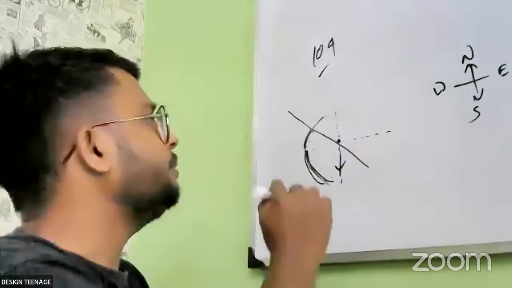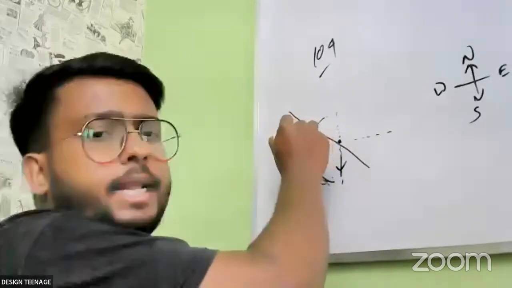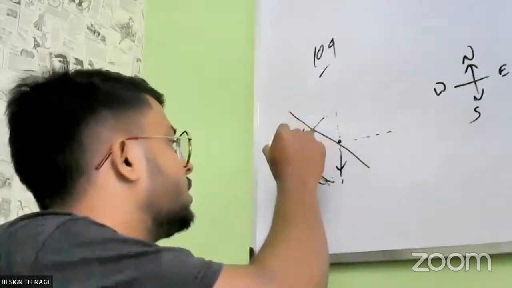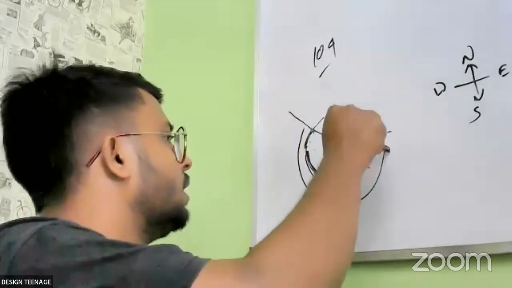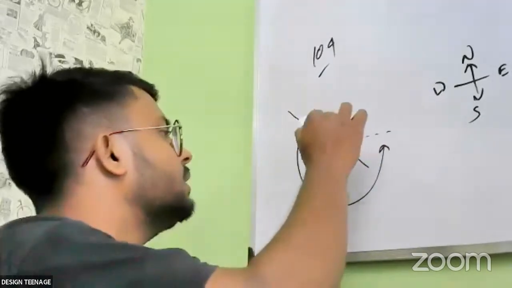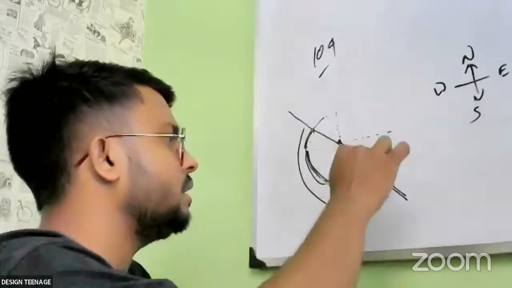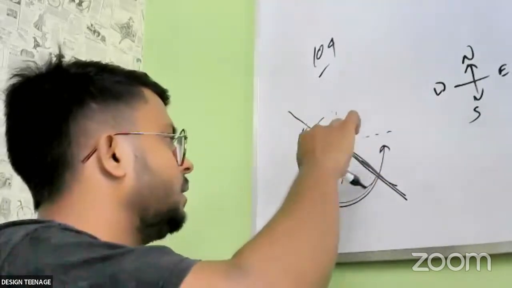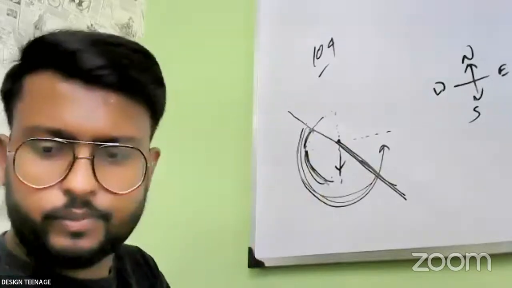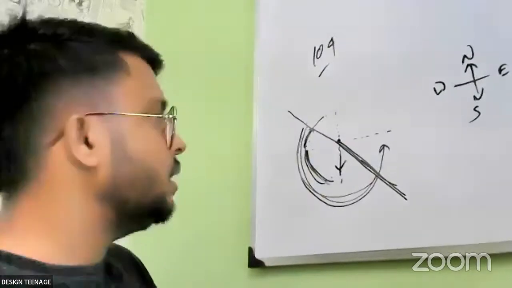Right? Now from this segment, I am turning 180 degrees in the anti-clockwise direction. So 180 degrees from this direction will make me reach where? Is this a semicircle being completed? Yes or no? Yes.